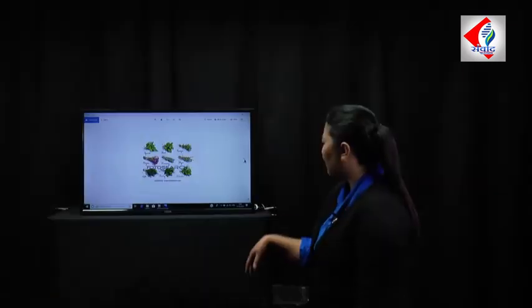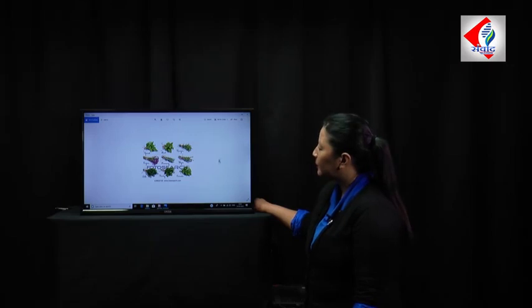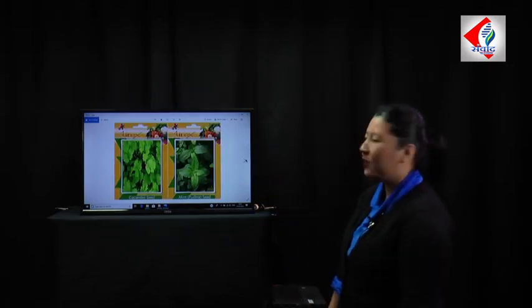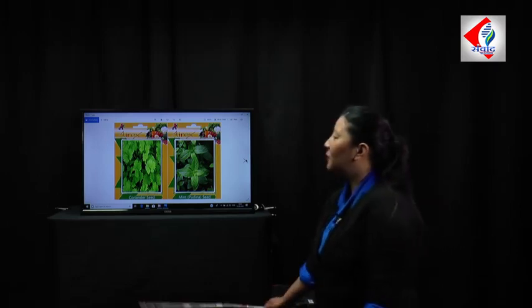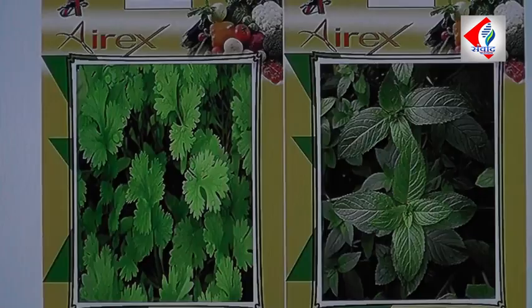So these are some examples of the herbs that are used in our kitchen. You can see a picture of coriander, dhania, and you can also see mint. Mint is also a herb and it is known as pudina in our language.